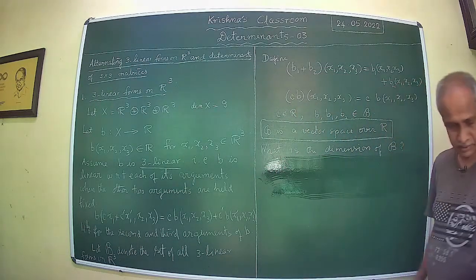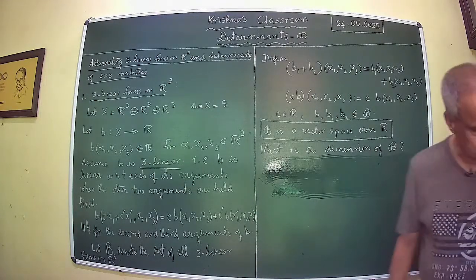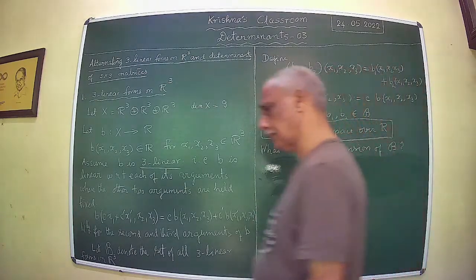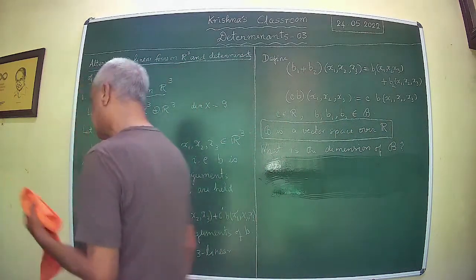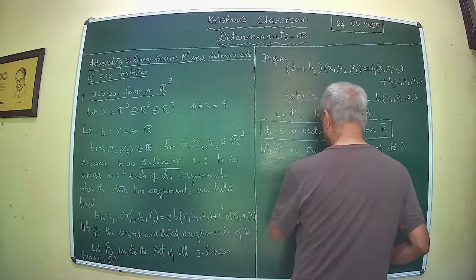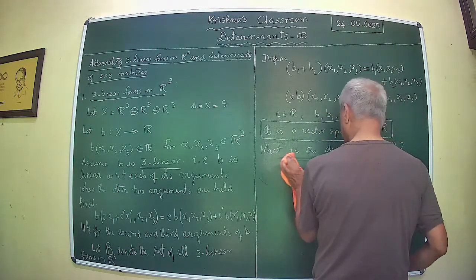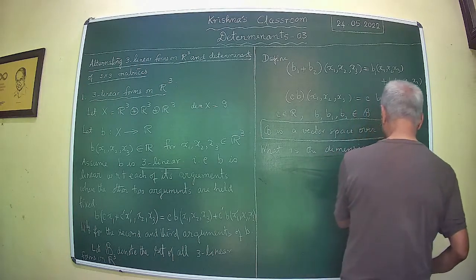Make an observation. In fact, we prove it. So, we prove that B is completely determined by its values on E1, E2, E3.